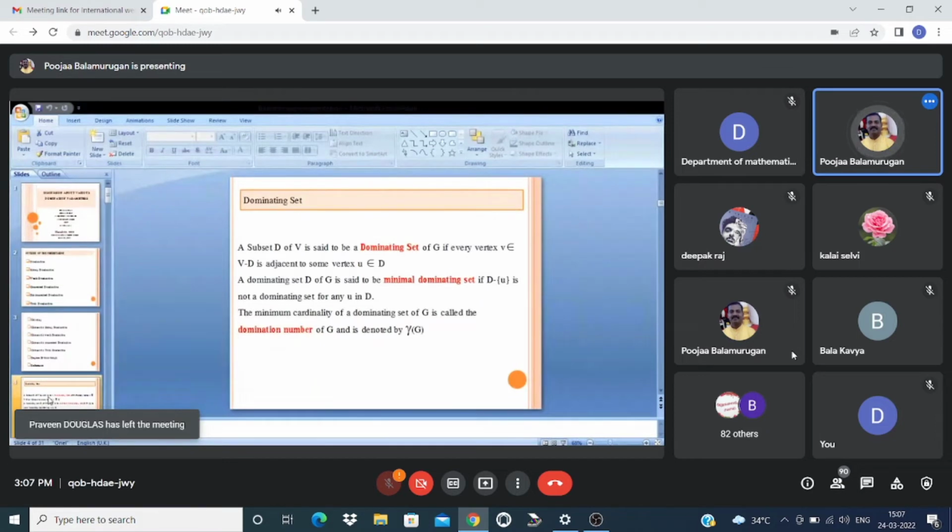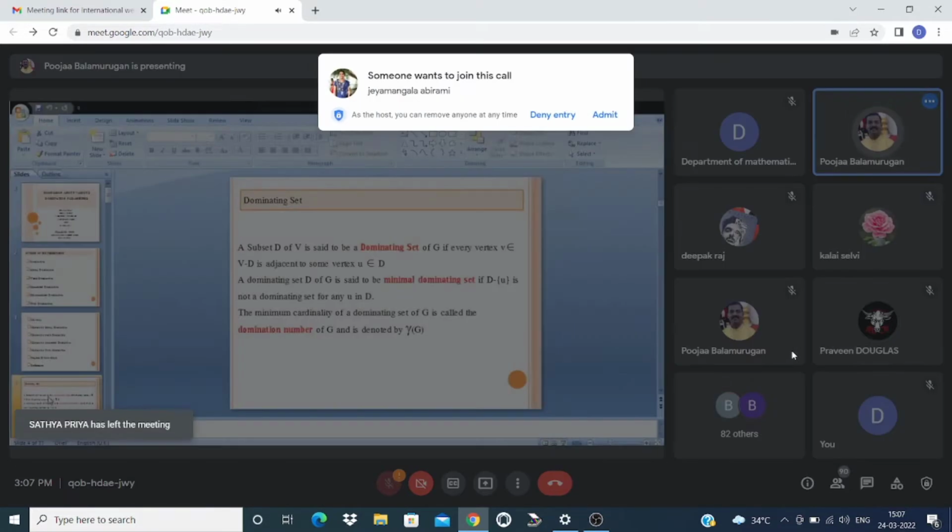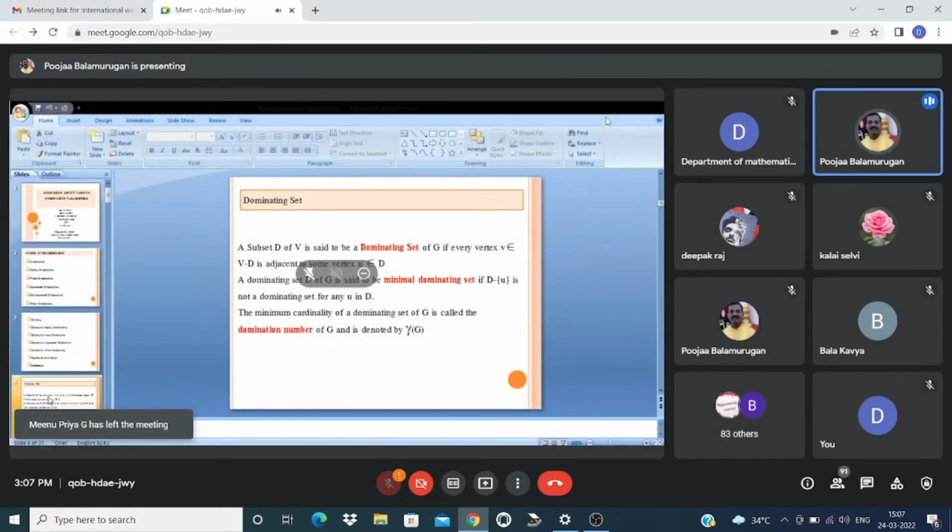Okay. For example, you take a P4: V1, V2, V3, V4. Right? Now V2 is adjacent to V1 and V3. So V2 and V3 form a dominating set of P4.